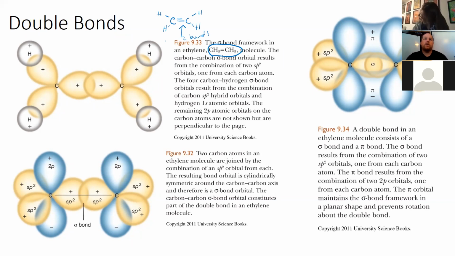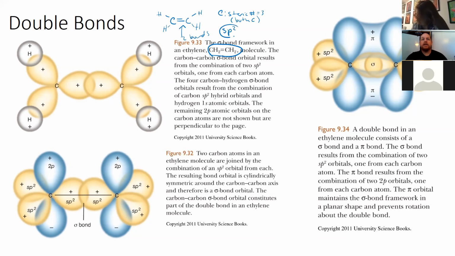And so when we look at a double bond, we want to start looking at the orbital pictures here. We also know that carbon has a steric number of 3 for both carbons. That's an important thing, because that means both carbons are going to be sp2 hybridized.